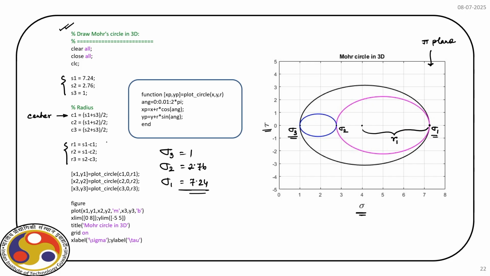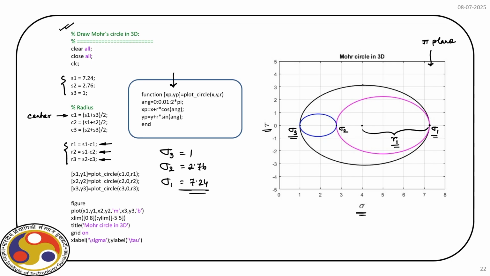That is what is evaluated here. Obviously, the y coordinate is 0. So, we know the center point of the circle, and we also know the radius. Then using this function file here, we plot the circle, and then we repeat the same exercise for the other 2 circles, and that is how we get this Mohr circle in 3D.